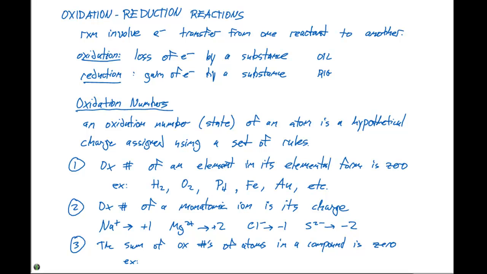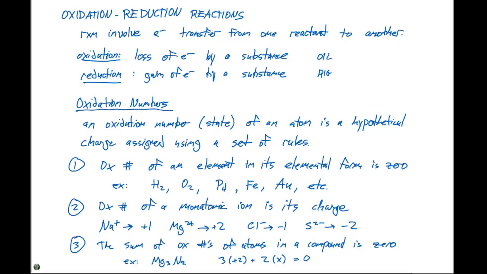For example, if we have magnesium nitride, which is Mg3N2, we have to have the total oxidation number for this particular compound add up to 0. There are 3 Mg2+, and we know that Mg2+ has a charge of +2. There are 2 nitrogens. We don't know what that oxidation state is, so we're just going to call this x. And the sum of all of these has to equal 0.